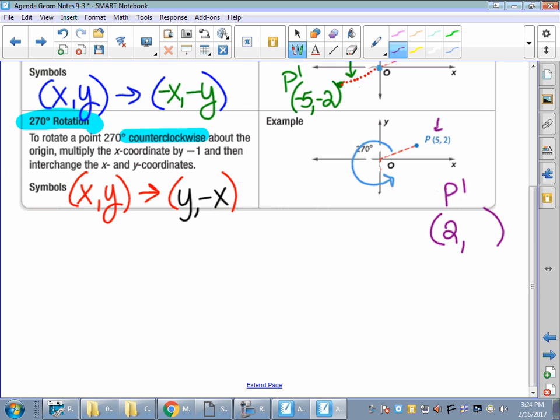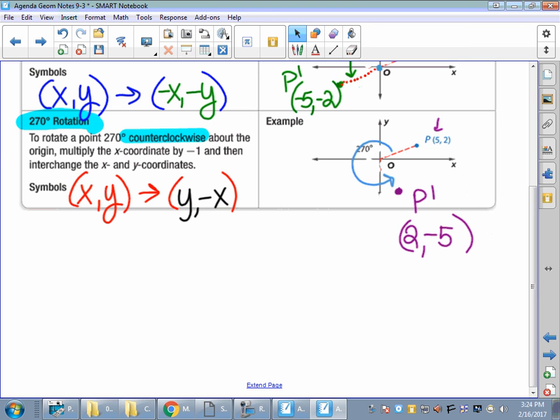So I should have a 2, -5. So over 2 down 5, I should end up with a P prime somewhere over there. If I draw that dotted line and measure that angle, that should be 270 degrees.